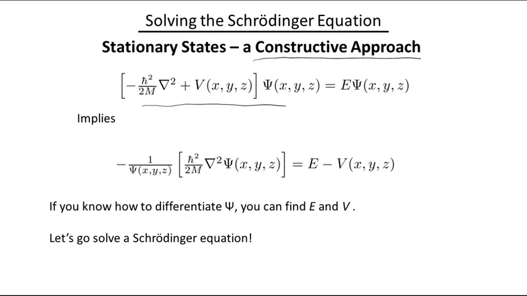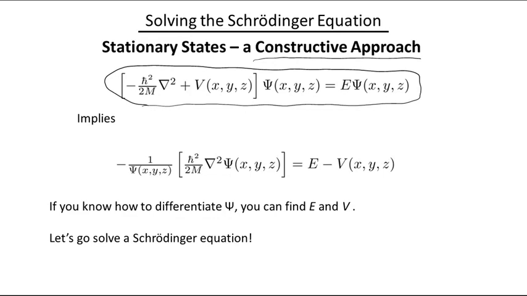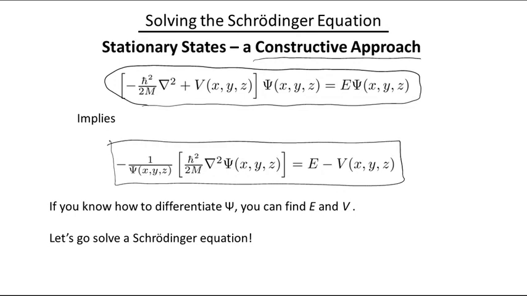Here's, for example, let's take a motion of a particle of mass m in a potential in 3 dimensions. Here's the Schrodinger equation for that, and by a trivial mathematical transformation, you can reduce it to this form. So in other words, if you know how to differentiate psi, you can find an energy and a potential for which it is a solution.